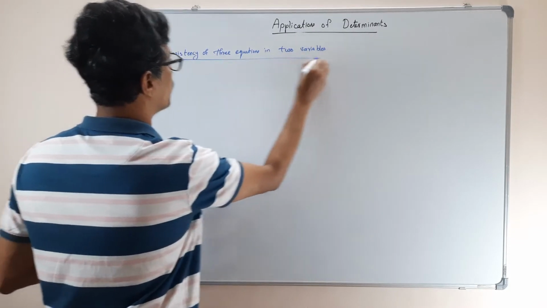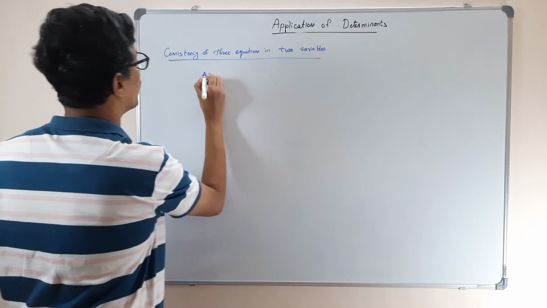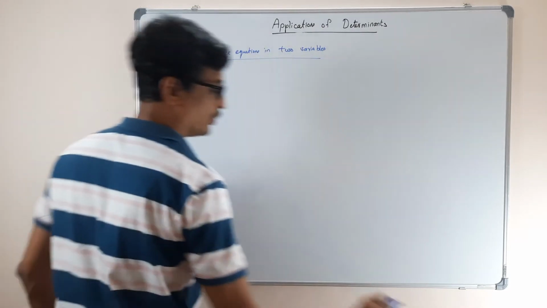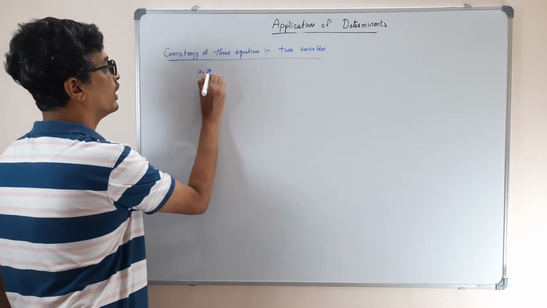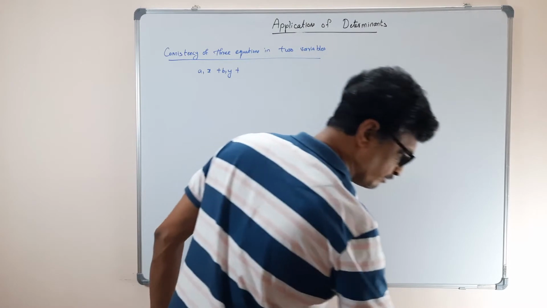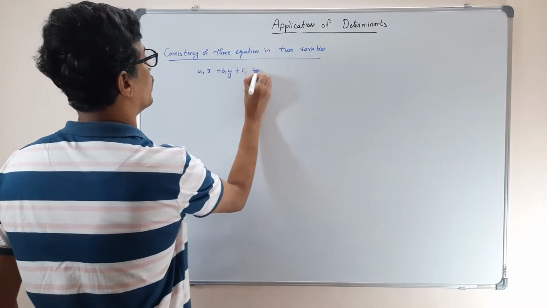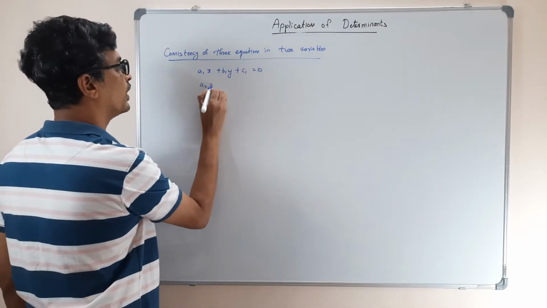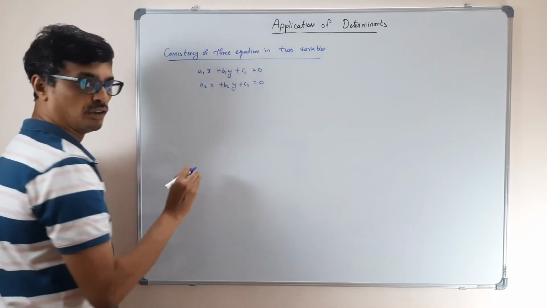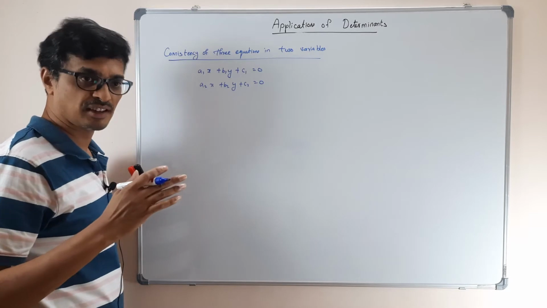So, what is the form you will have? They have written it as A1 only. Okay, fine. So this is A1x plus B1y plus C1 equal to 0. A2x plus B2y plus C2 equal to 0. So if I give these 2 equations, you can solve them.